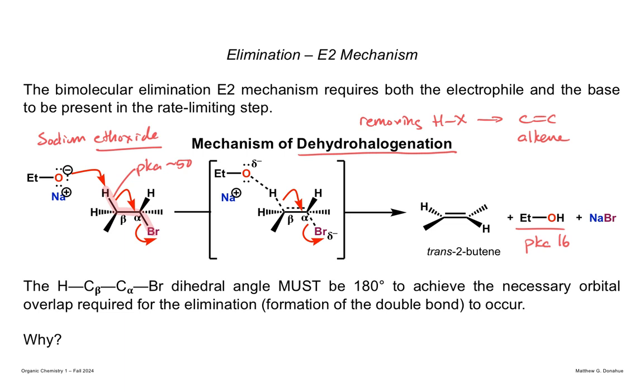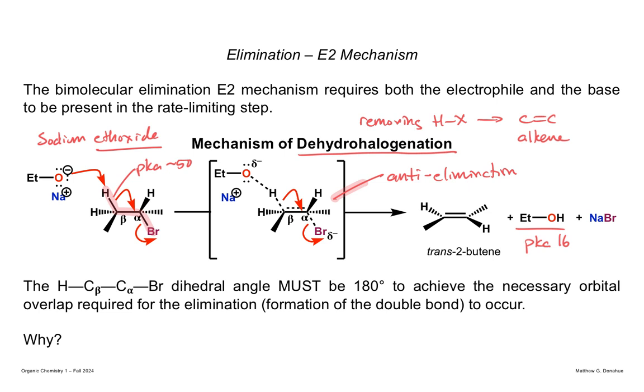So another way of describing this is, as it's drawn, it's called an anti-elimination, and that's generally preferred. But as we'll see on tomorrow, Saturday, I'm just kidding, as we'll see on Monday, we learned about rings, right?